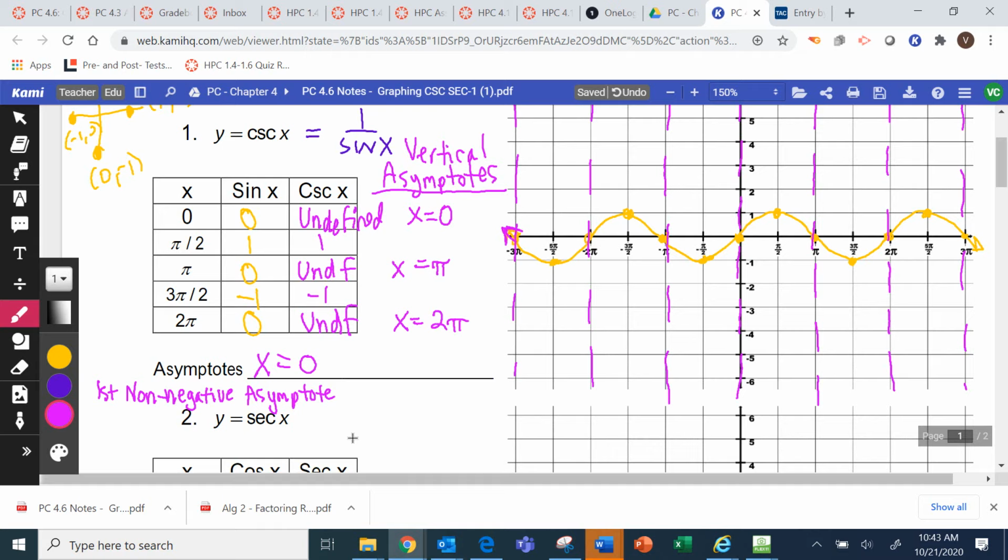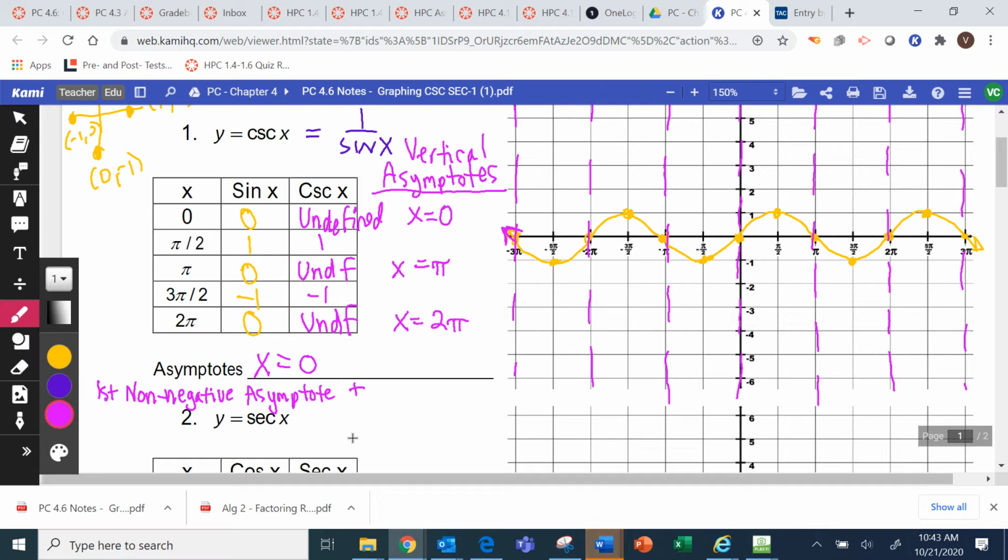So what I'm going to ask you now is we're going to add on how far apart asymptotes are. So to get from 0 to the next asymptote, what do I have to add on? Pi. And to get from pi to the next asymptote, what do I have to add on? Pi. And to get from 2 pi to the next asymptote, what do I have to add on?